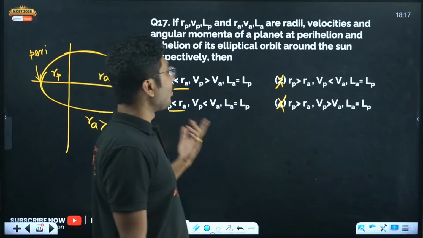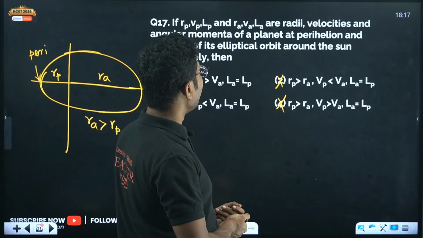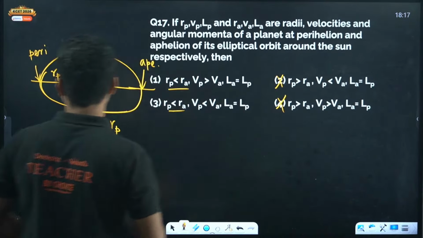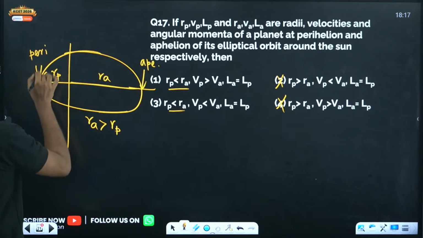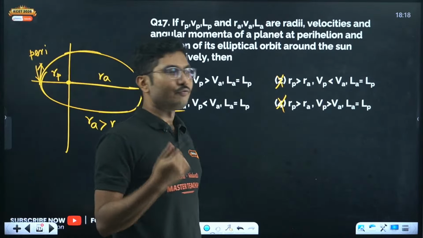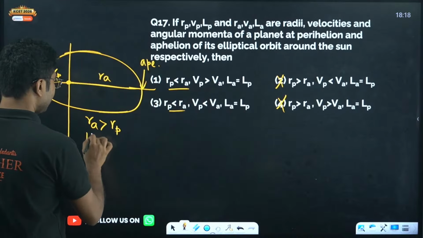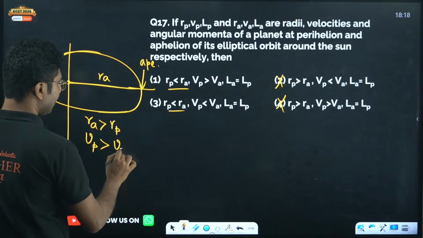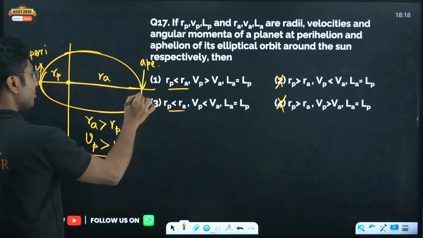Next, what have they mentioned? Velocity. So at perihelion, the planet will move faster because it is closer to the star. That means velocity at perihelion must be greater than velocity at aphelion. Here the planet will move slowly.